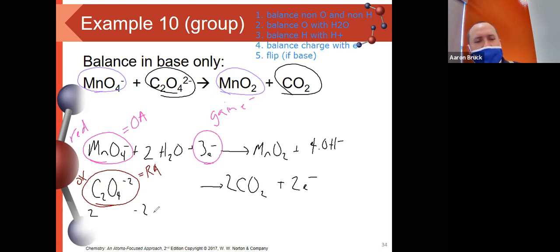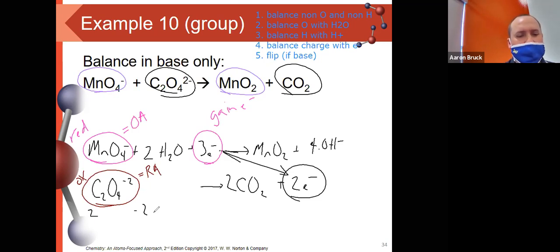But before I do, I have to take care of another issue. The reduction half reaction requires 3 electrons. The oxidation half reaction only gives us 2. I need to get those values to even out with each other. And so this is where multipliers come in. This is where I have to go to my lowest common multiple.